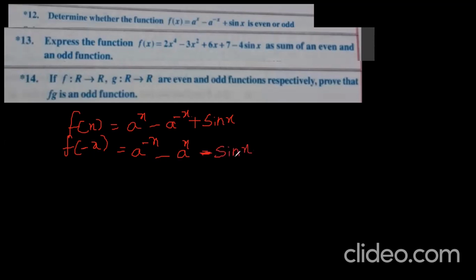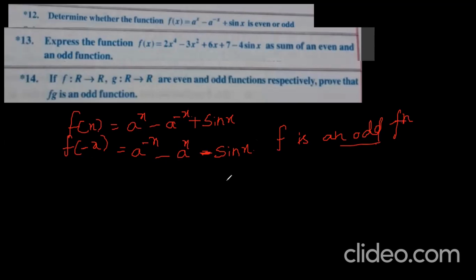So f of minus x and f of x are not the same, so I can say f is not even.